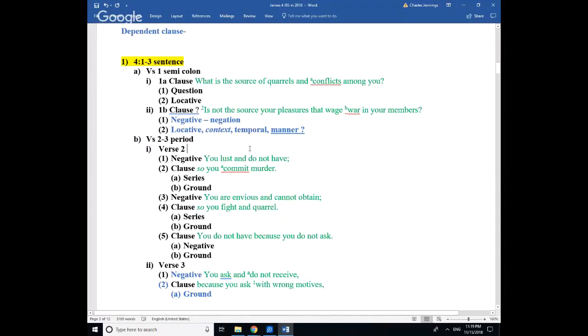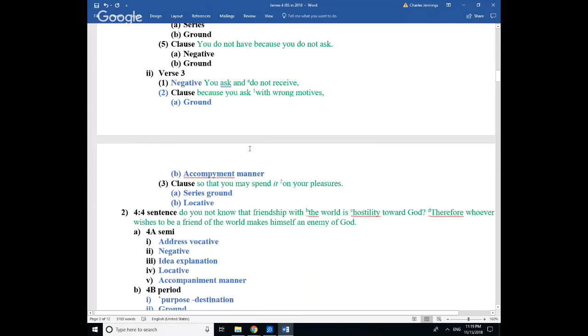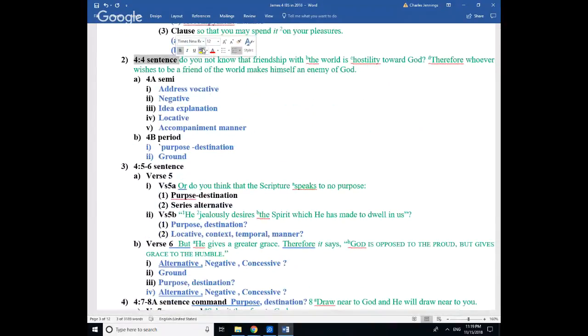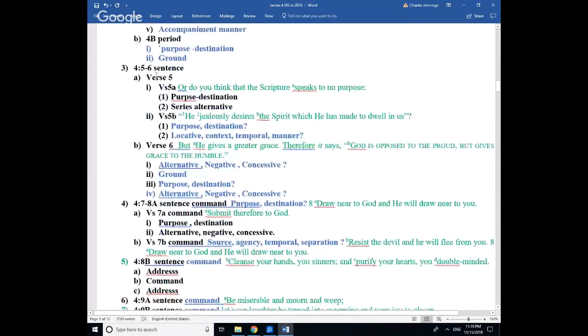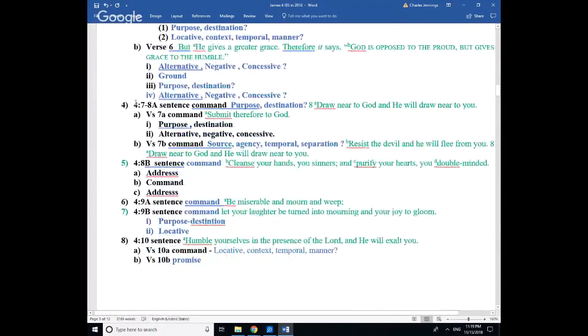Then 4 through 4, that's another one. 5 through 6, that's another one. 4:7 through 8a, that's another one. Here's another one, another one, and another one.